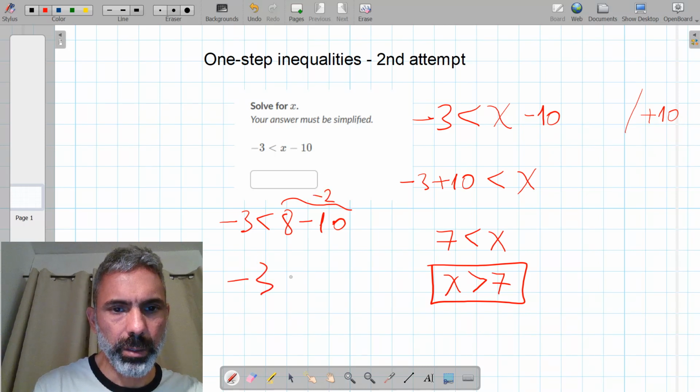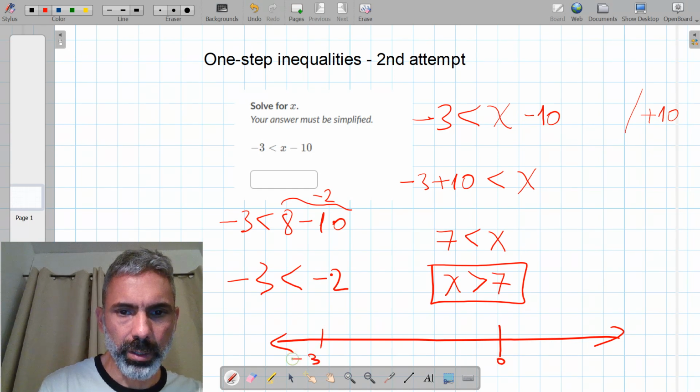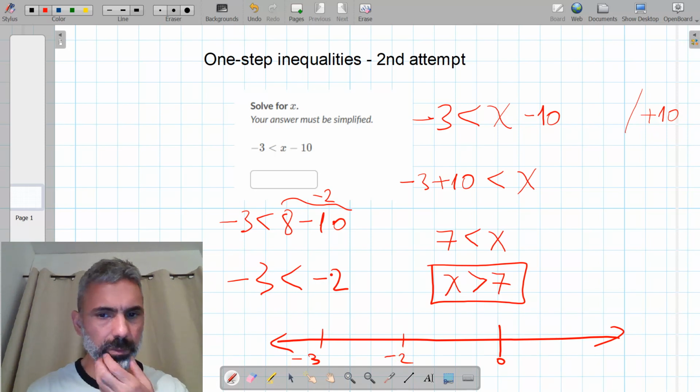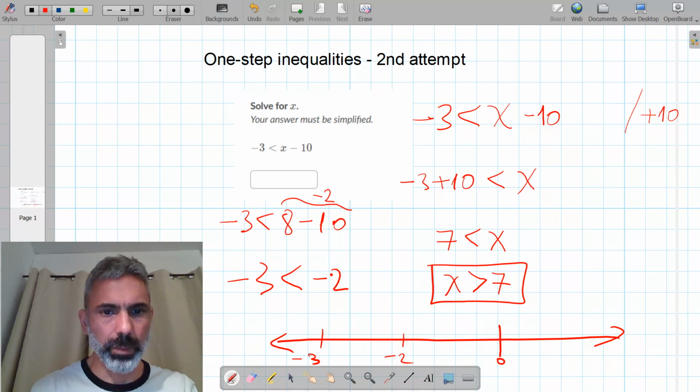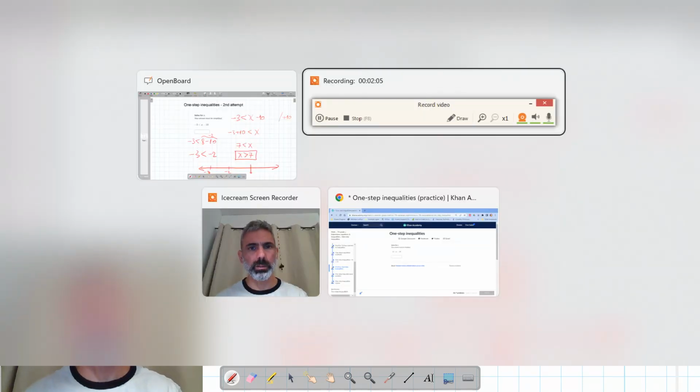Minus 3 is indeed less than minus 2. Okay, number line. This is 0, this is minus 3, and here is minus 2. So minus 2 is to the right of minus 3, and minus 2 is greater than minus 3. Minus 3 is less than minus 2. Okay, so the answer is x is greater than 7.